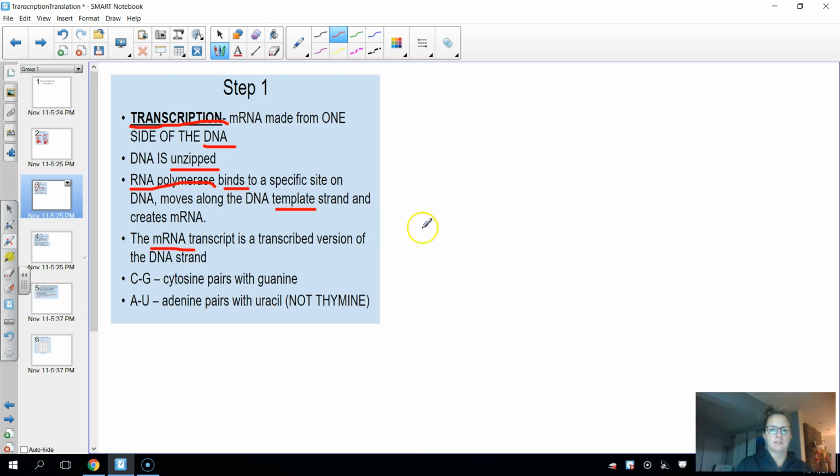If it's cytosine, guanine, and adenine, what mRNA will do is transcribe that, which means it would bring a G, because C pairs with G. It would bring a C because it's transcribing what this DNA is saying. And then for A, we naturally want to write a T, don't we?